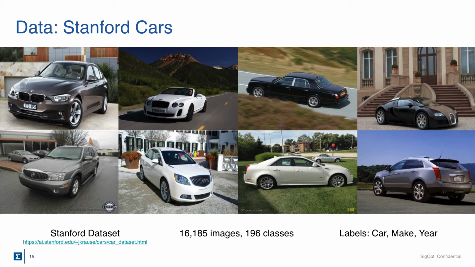The model not only has to identify difficult objects, it has to be able to differentiate very minute differences within these objects, and the low number of data points per class also makes it a very challenging data set.